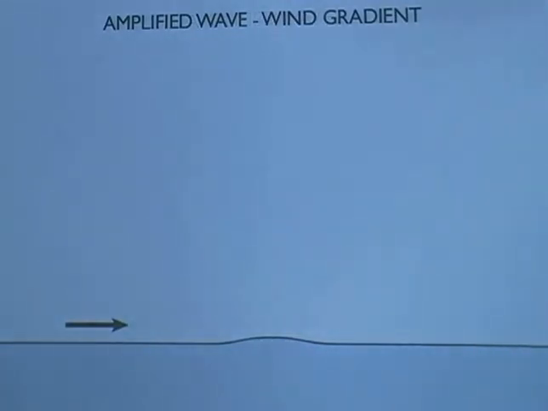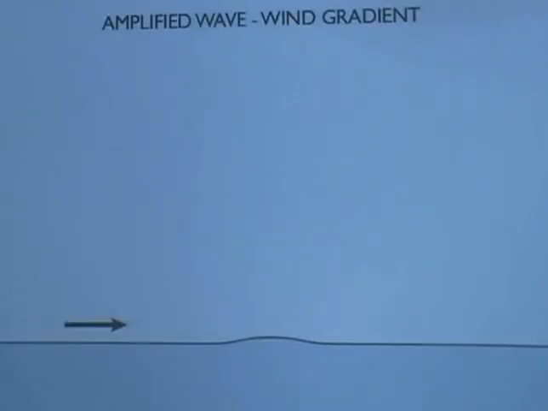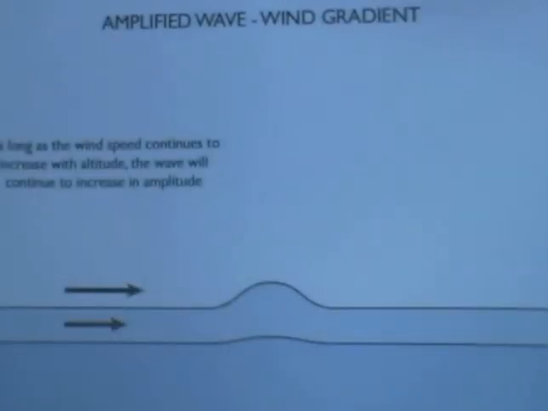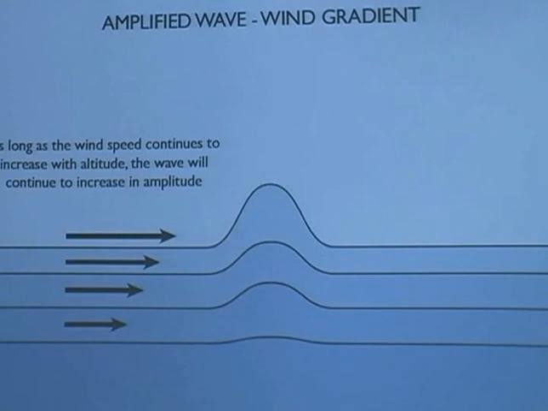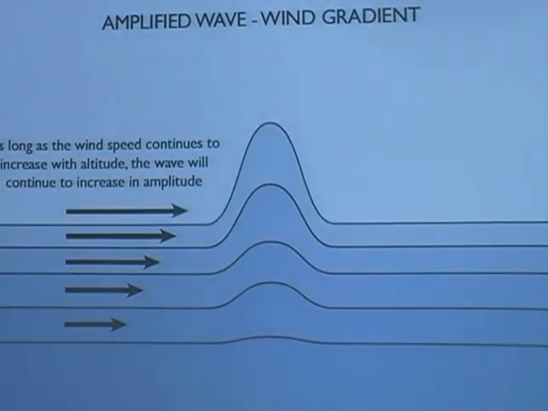Okay. Now think about that same scenario, but in air. So instead of a huge difference in densities between water and air, you just have some air that's a little denser under some air that's not quite as dense. The air flowing over it gets a little bump in it for whatever reason. The air on top of it, going a little faster, amplifies that bump, amplifies it, amplifies it, so it gets bigger and bigger as you go up.